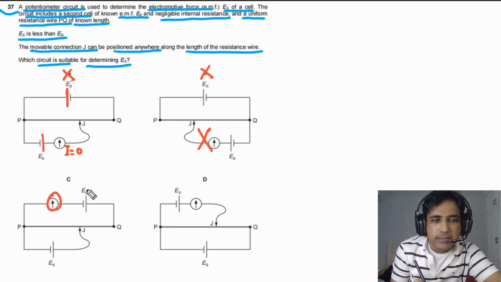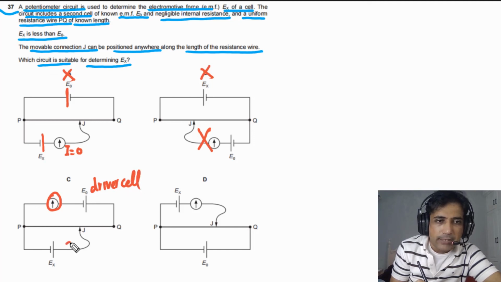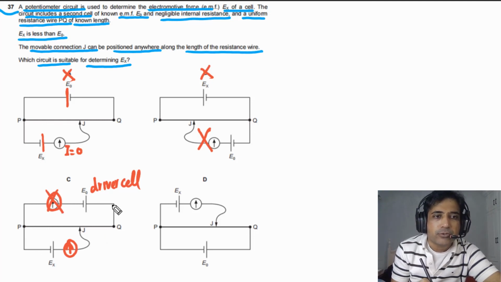This is connected in series with E0, or simply you can say this one is the driver cell. But the galvanometer has to be connected in series with X. So it means this is connected in a wrong way. So in this case also we cannot find the balance point. So option C is also not a possible circuit to find EMF of cell X.